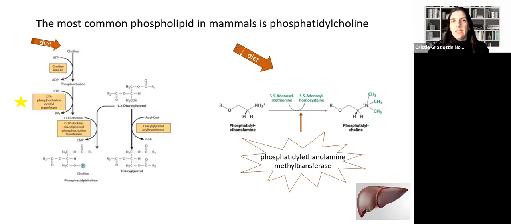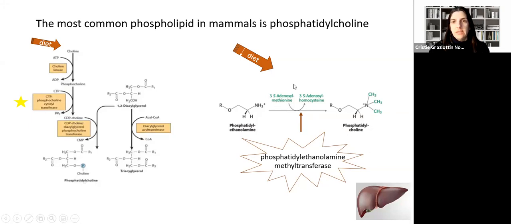So what if I don't have choline from the diet? There is a way for the organism to still produce phosphatidylcholine. Once I have a low supply of choline from the diet, phosphatidylethanolamine can be converted into phosphatidylcholine.